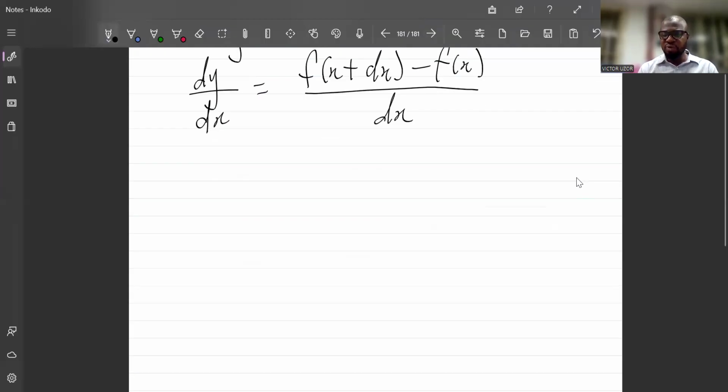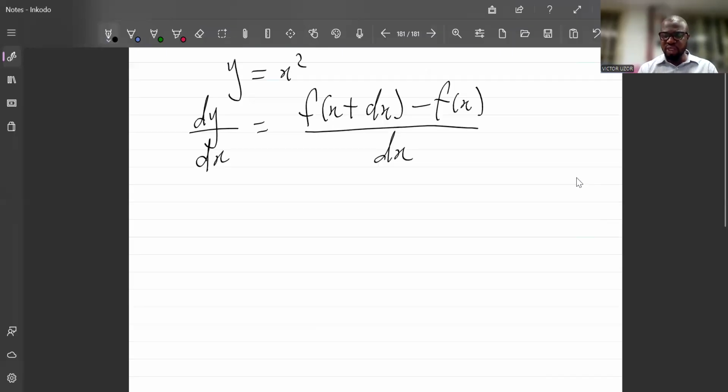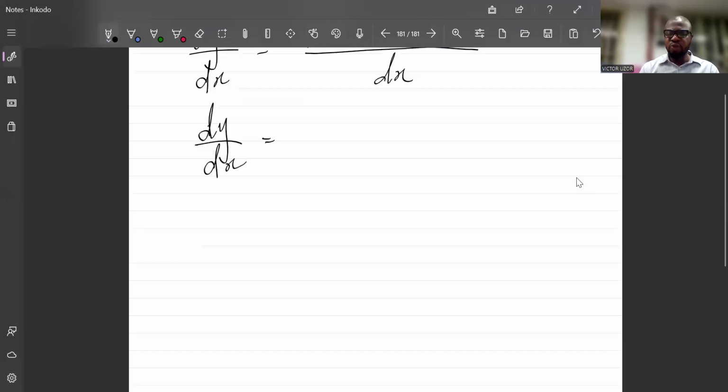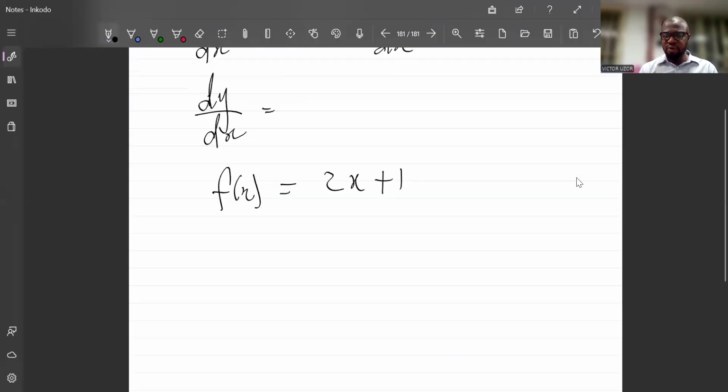Now, how do I do this? y is equal to x squared. So my dy over dx. So that means that everything inside here becomes a function. What do I mean by that? Remember in your function days, when f of x is equal to 2x plus 1, then f of 2 will be equal to 2 times 2 plus 1.